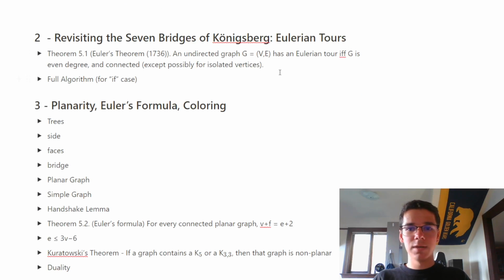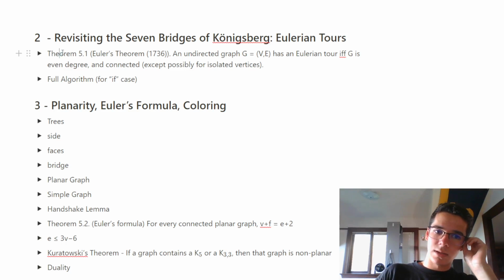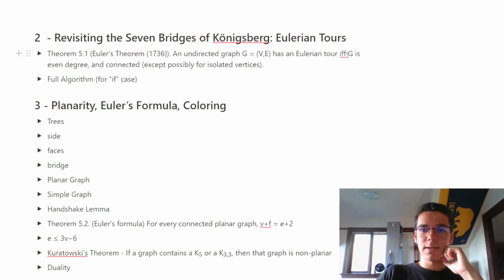So now we're going to move back over to the Königsberg example to talk about something called an Eulerian tour. We're going to claim that an undirected graph G has an Eulerian tour if and only if G is even degree and connected, except possibly for isolated vertices.